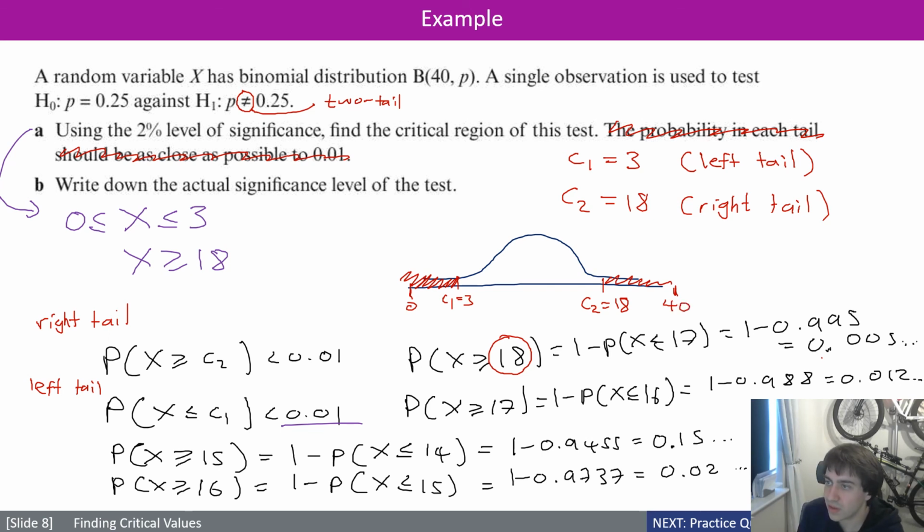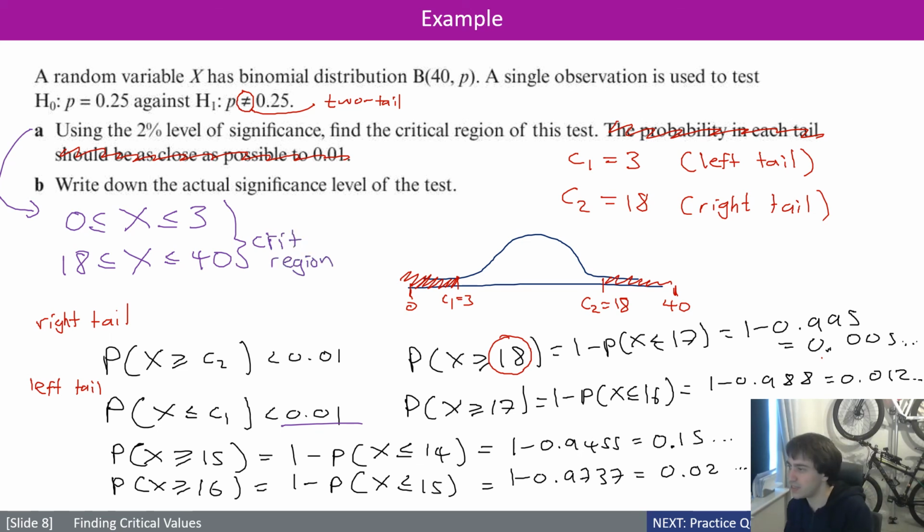So let's write that there. Okay, and perhaps you want to flip that one, write it the other way around, just so that it's not so confusing looking. It runs from 18 less than or equal to x up to 40. This is our critical region. So we took the 2 critical values, 3 and 18, and created our critical region. It's technically 2 regions, but we combine it into 1.